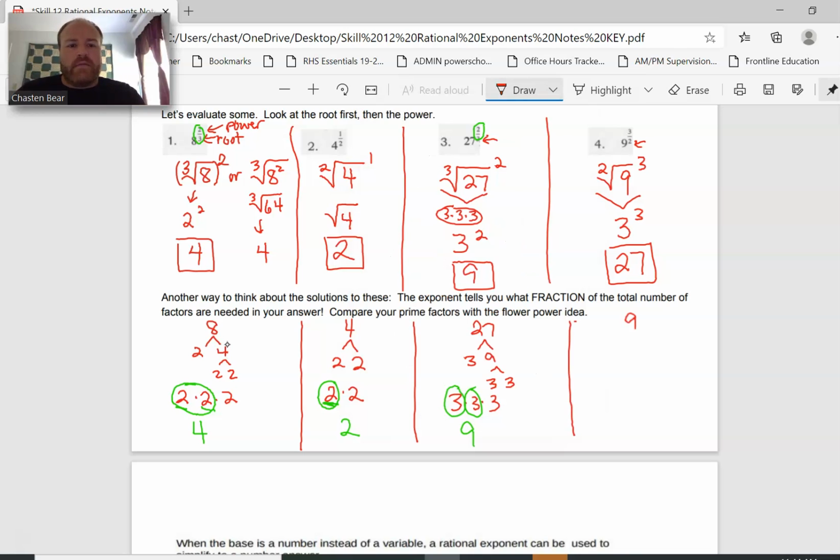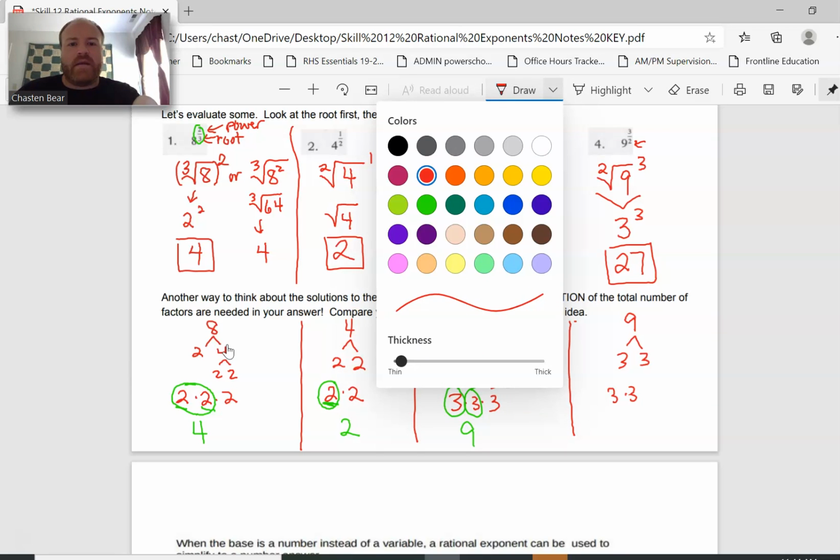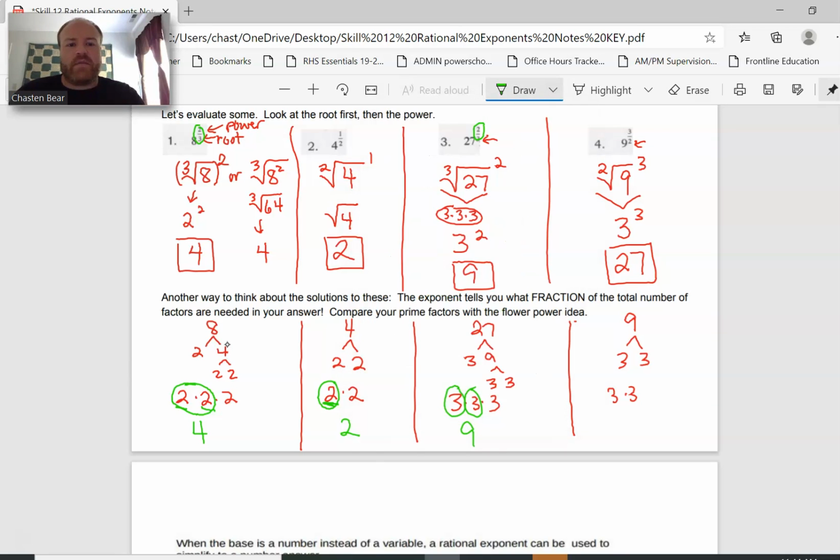So I have 9, which I can break down into 3 times 3. Now, this asks for 9 to the 3/2. So you might be thinking, well, Mr. Bear, your logic is wrong here because these two 3's together make one whole. Well, remember, 3/2 is the same as 1 1/2.